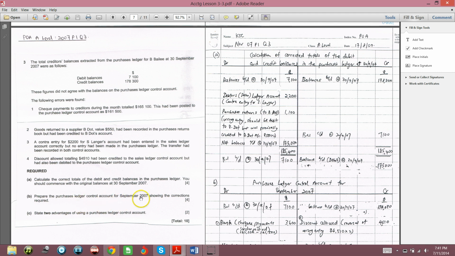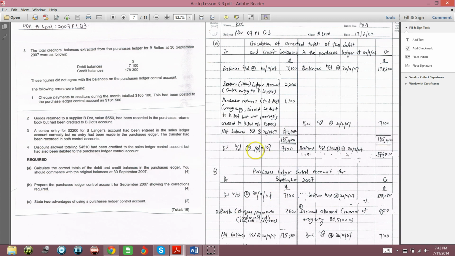Okay, so this one, the balance brought down 7,001. Okay, 7,001. Now I will look at here. The following errors were found. These are all the balances at 30 September 2007.